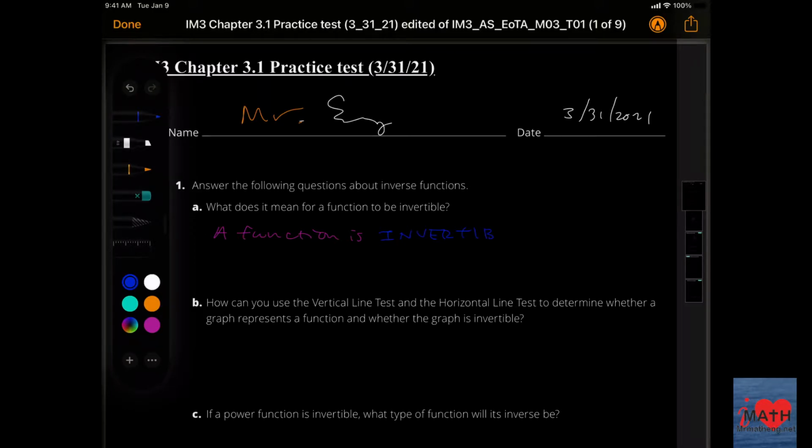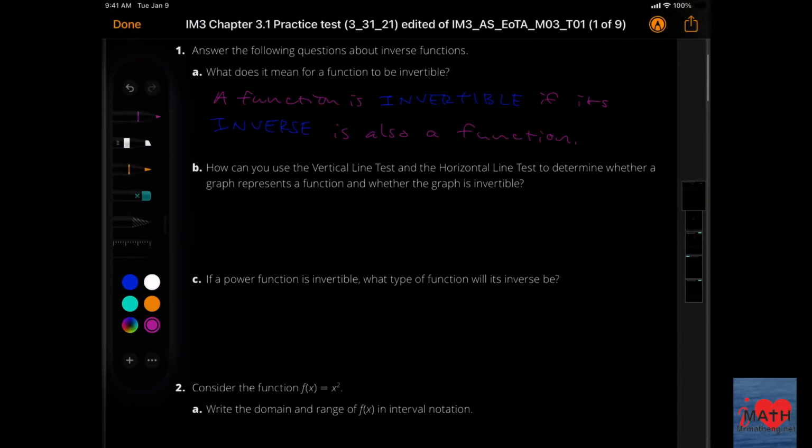Invertible if its inverse is also a function. Okay?